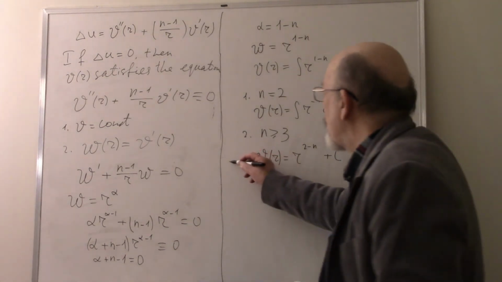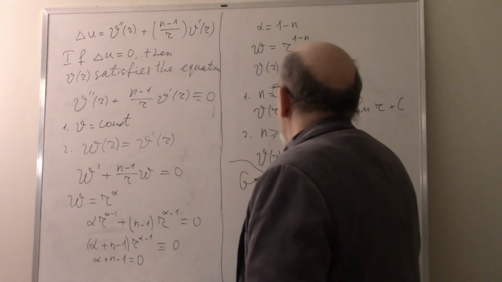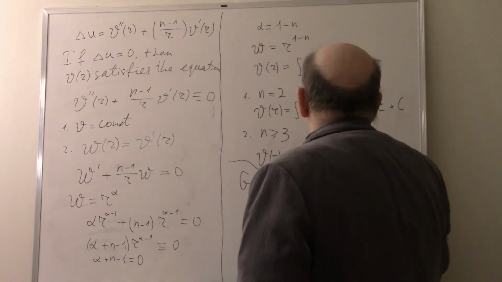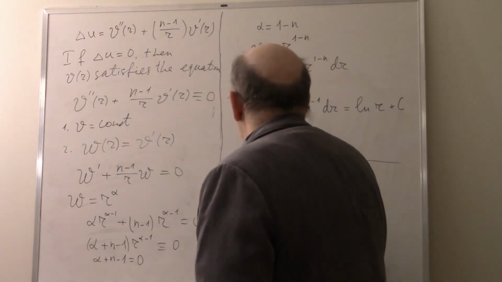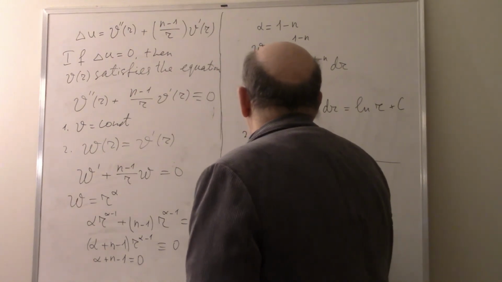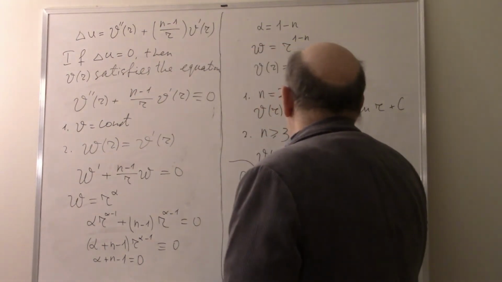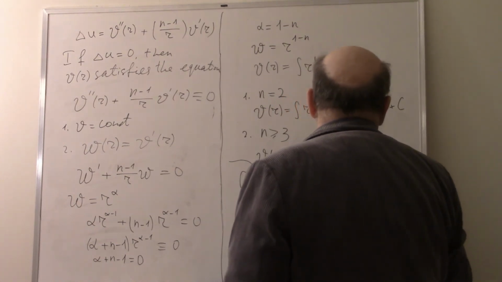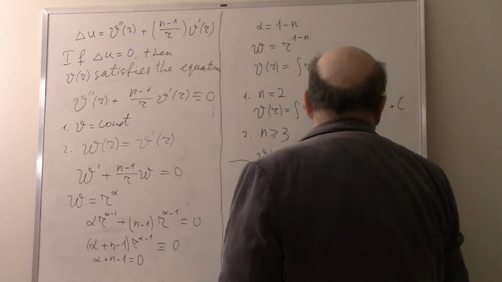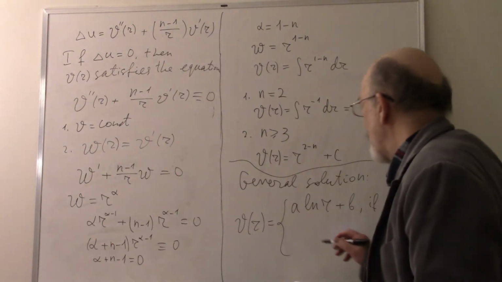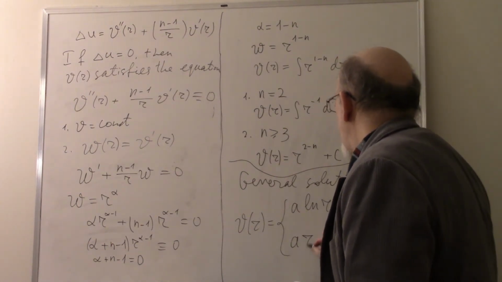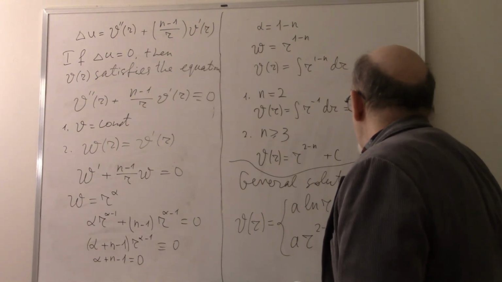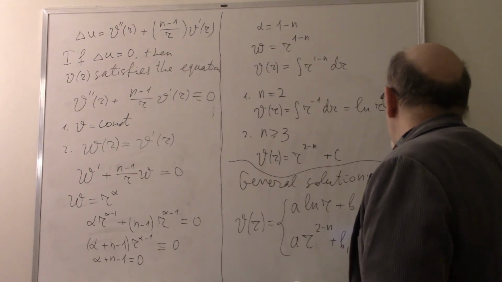And so the general solution: v of r equals a logarithm r plus b if n equals 2, and a r to the power 2 minus n plus b if n is more or equal 3.